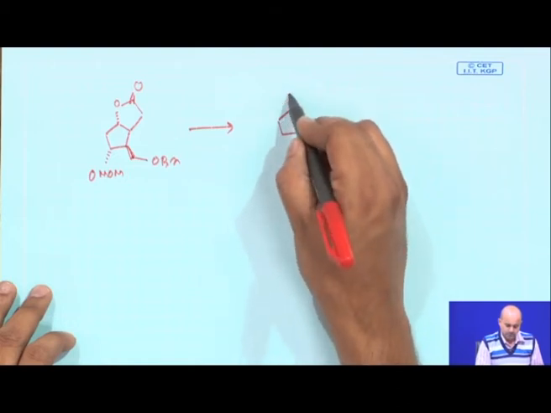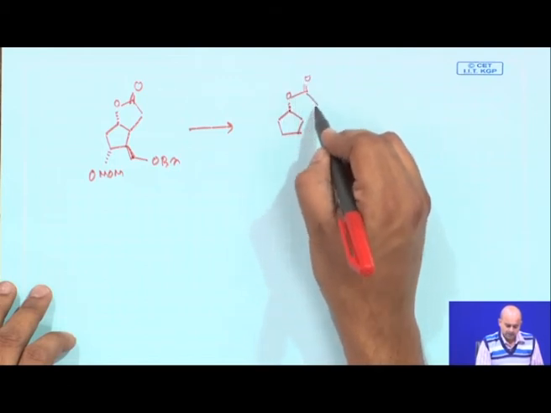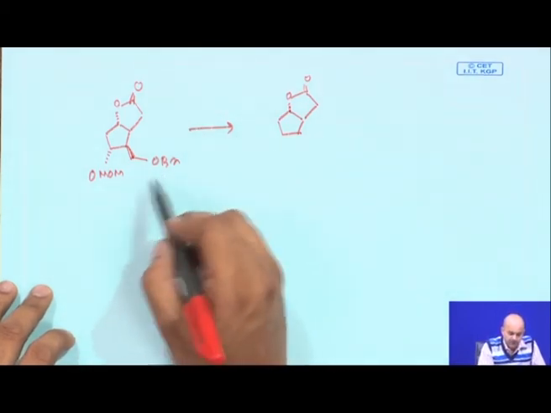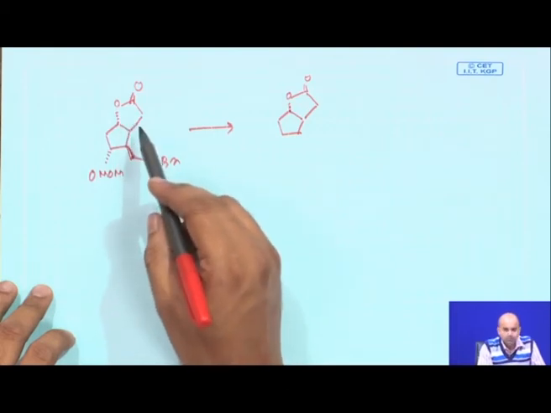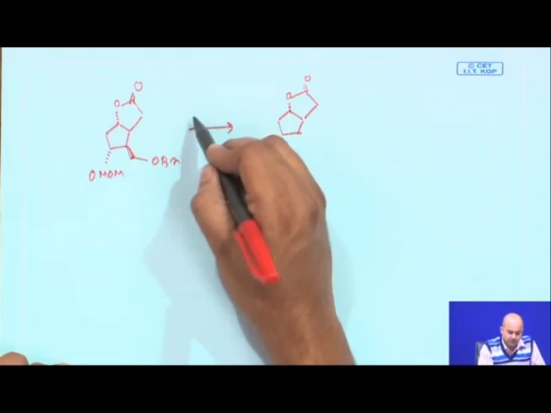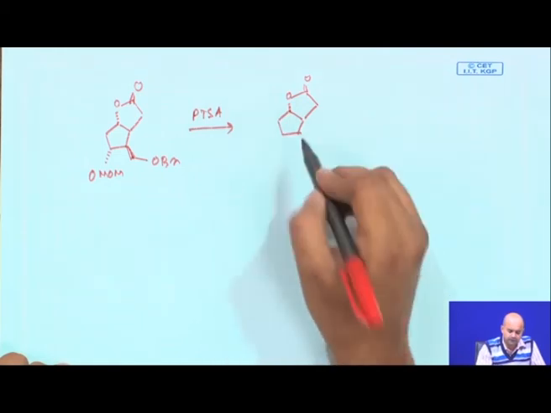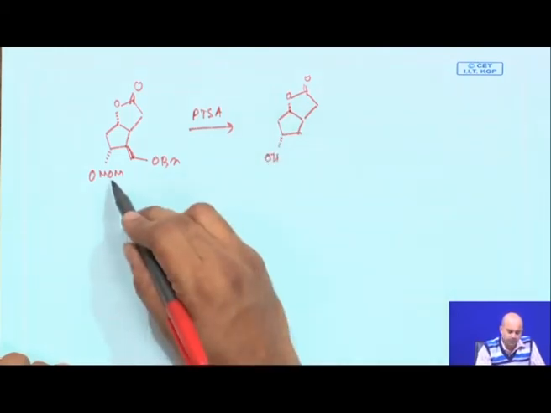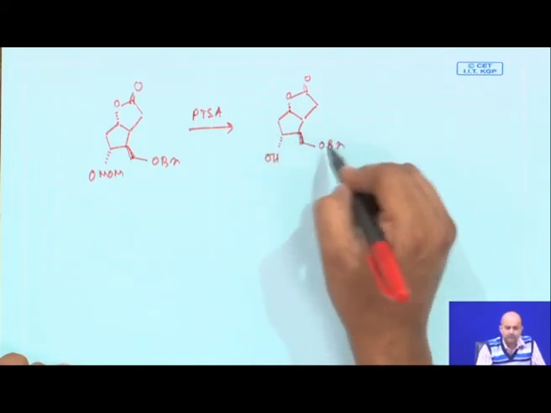Now, I said MOMs are usually labile in acid. If you see, the other protecting group is a benzyl, and you have a lactone. Now, a lactone can in principle be cleaved by acid, but you need a stronger acid condition. So here, if you use a very mild acidic condition like para-toluenesulfonic acid, you will be able to selectively clip this MOM group, where the benzyl group will remain unaffected.